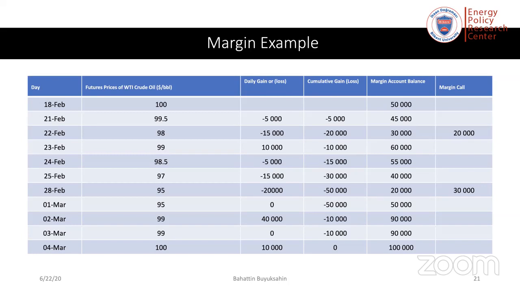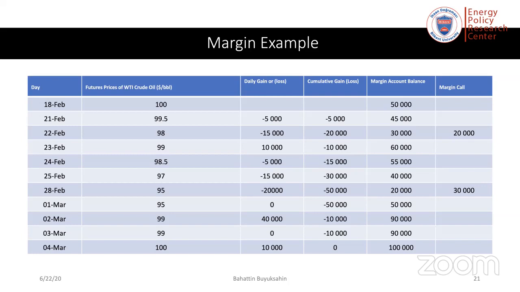Assume that on March 4, the prices reached $100 again, and his margin account shows $100,000, and the investor decides to close out the position by selling 10 contracts. The price is $100, and the investor has a cumulative loss of 0.